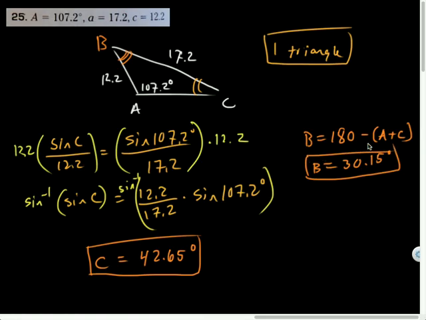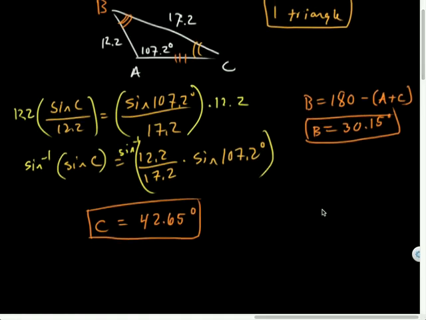And now that I know angle B, I can find side B, right? Using the law of sines once again. And since I'm looking for a side, I'm actually going to put the sides in my numerator for the law of sines. So B over sine of 30.15.